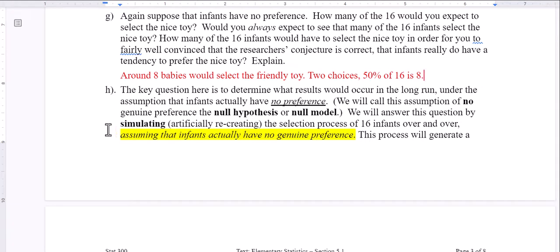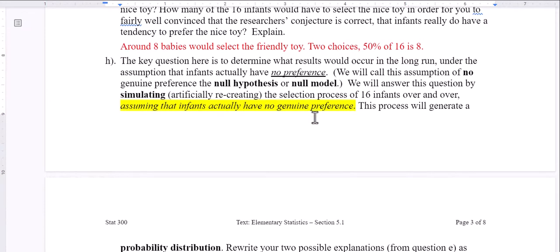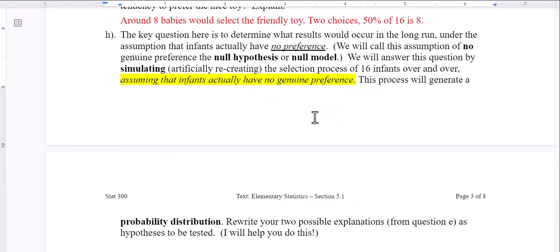And the big thing here is that we assume infants actually have no genuine preference. So that's our null hypothesis. And this process of, in the long run, simulating, artificially recreating our results, the 14 out of 16, this process will generate what we call a probability distribution.